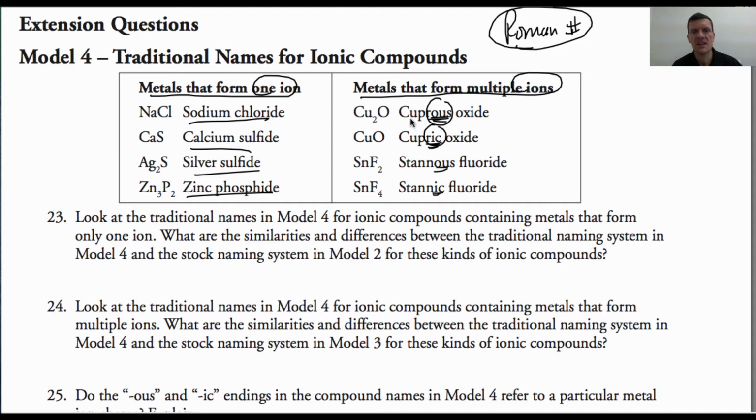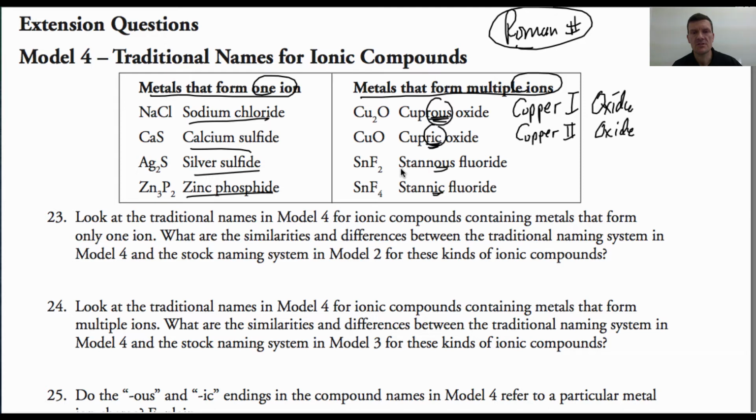Instead of saying copper 1 oxide, you would say cuprous. Instead of saying copper 2 oxide, you would say cupric. So the OUS is for the one that has the lower charge on it, and the IC ending is for the one that has a higher charge on it.